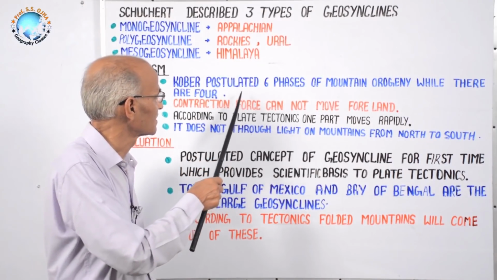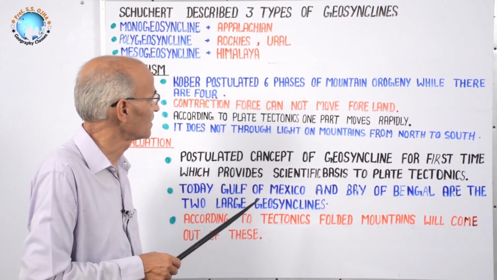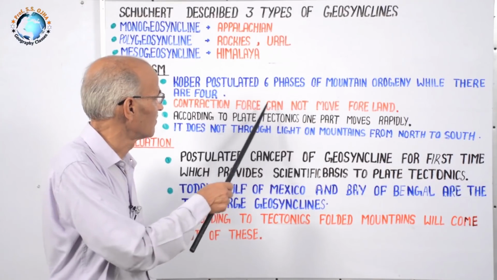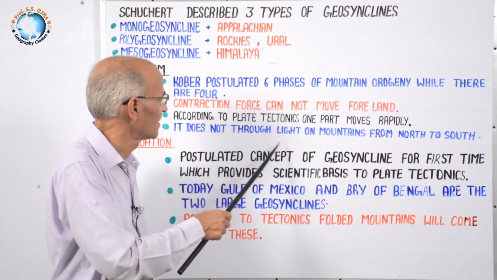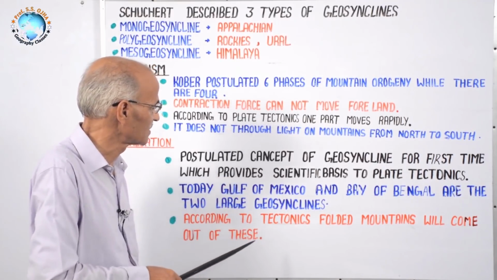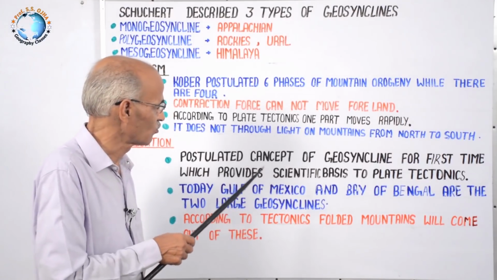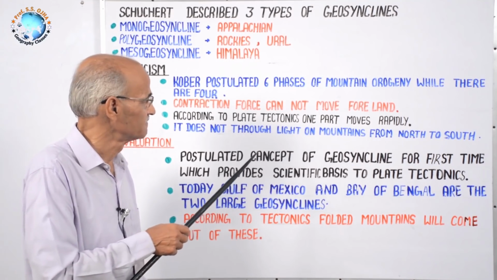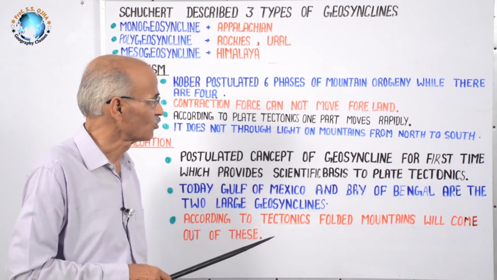Then he discussed the origin of folded mountains in 6 phases. There is criticism, but more than criticism are his positive evaluations. KOBER is one of the forefathers of the geosyncline orogen theory.